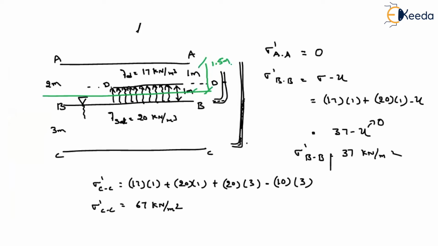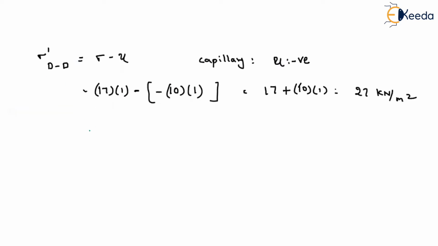So how can I find out this? Similarly, at this layer, let us say the layer E. If I keep my hand at E, how much weight will I feel? Weight because of the dry condition, weight because of the capillary action. So what is the total value? Sigma dash along E. That will be equal to, what is the total stress?